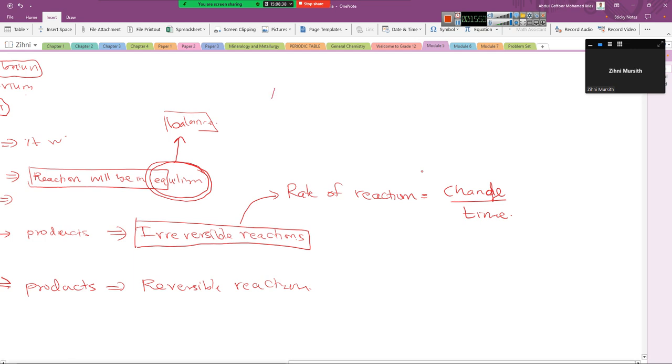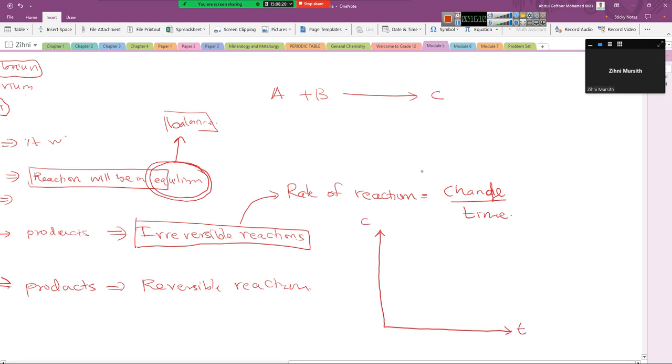For example, let's say A plus B react together to give C, right? So now what I'm going to do is plot a graph for concentration of the reactants and the products with time, right?